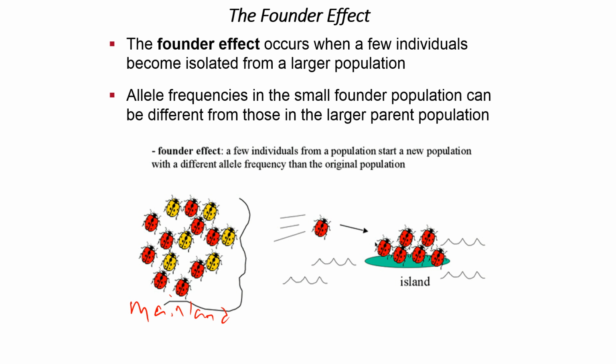Let's say that one or a couple of these beetles find their way onto a boat, not that they're taking a ride on a boat, and they end up on an island. That small population of beetles from the mainland becomes the founders, the initial starting population on the island.